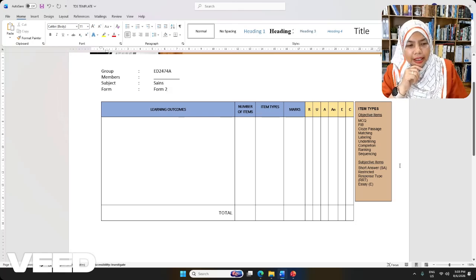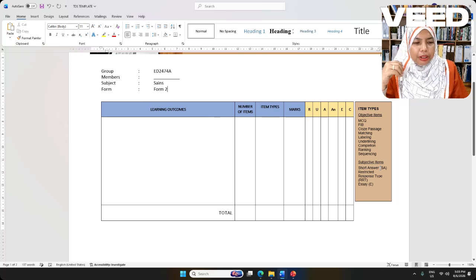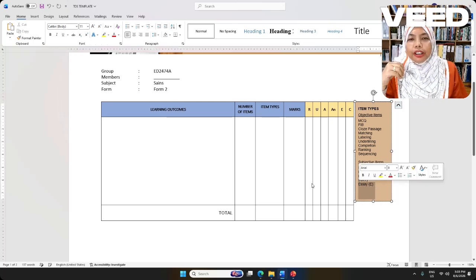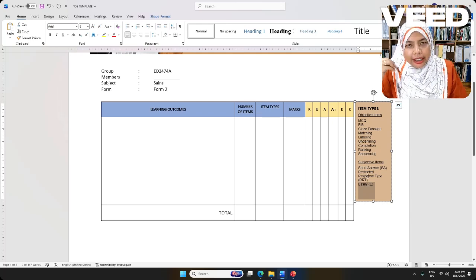By the side here is a list of items for you to choose from. So we have a combination of objective and subjective items. Please remember that for assignment 1, when you develop your test, essay is not allowed. Okay, so you have a plethora of items that you can work on except for the essay item.